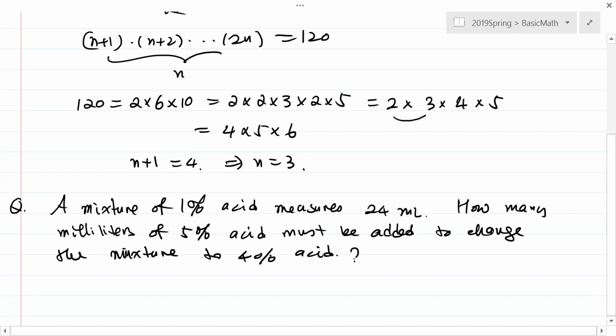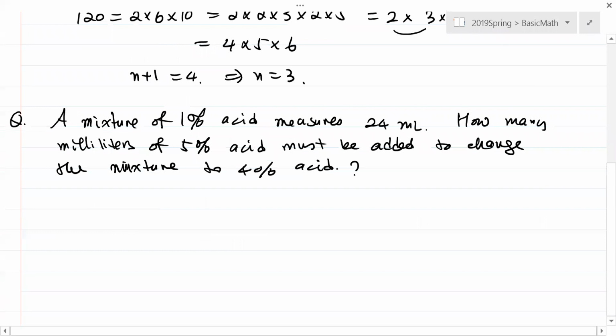Now, to solve this problem, you need to understand how we calculate the percentage, the concentration.